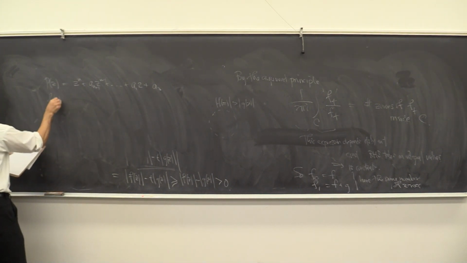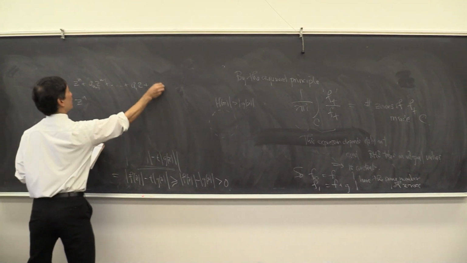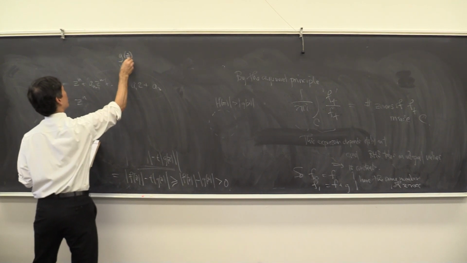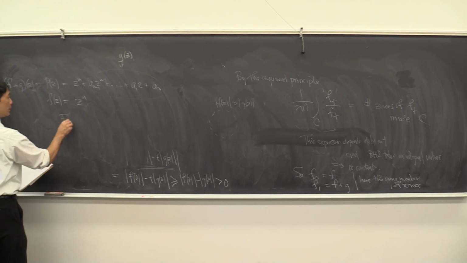And let f sub z be just z to the n. We're going to call this thing g of z. So P is our f plus g.